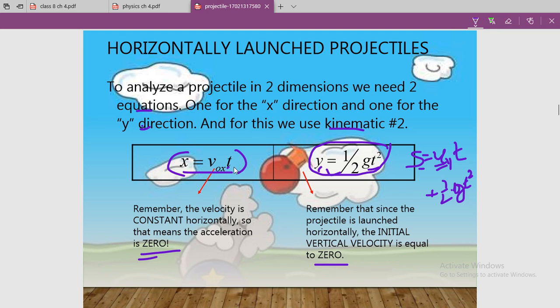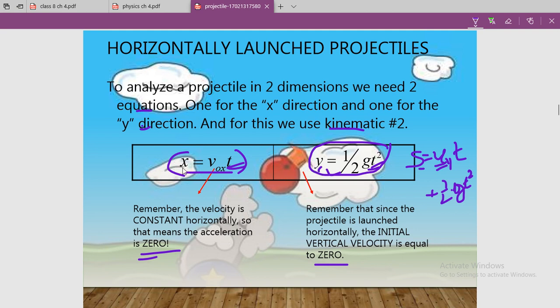So in time interval t, the projectile travels a distance x along the x axis, and a displacement y along the y axis. So at the same time it will be at distance x from the origin along the x direction, and distance y from the origin along the y direction.